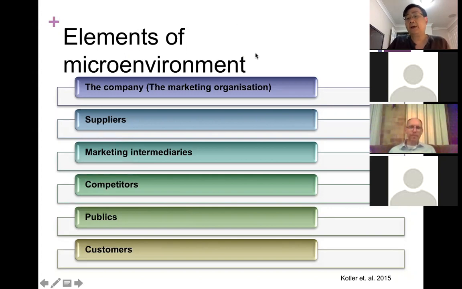We are going to have a look at the strengths and weaknesses of the organization in the session tomorrow. So the focus of the company analysis is basically the strengths and weaknesses, the capabilities of the company. We look at the organization, the process and also people in the organization. They are the basis of analyzing the strengths and weaknesses of the company.